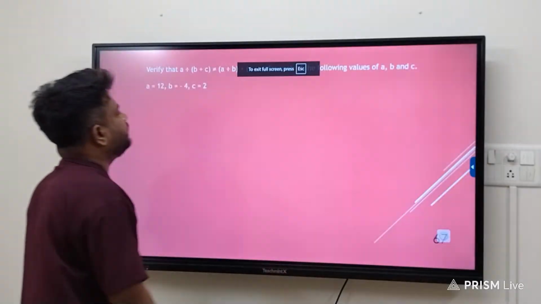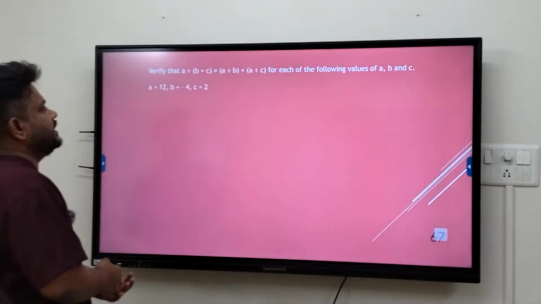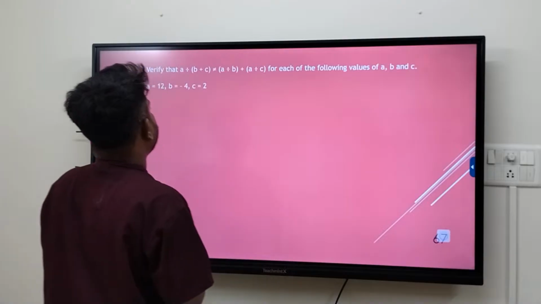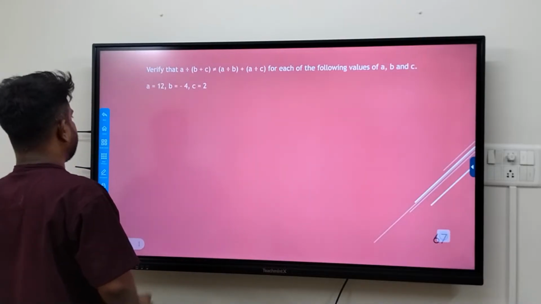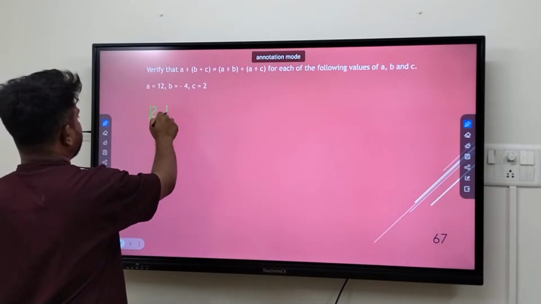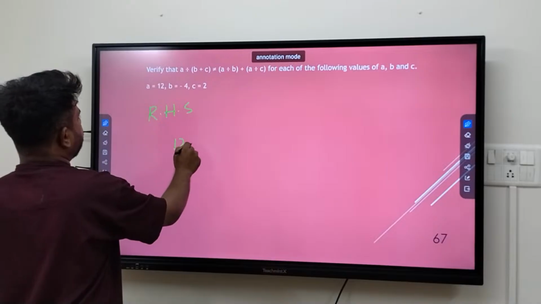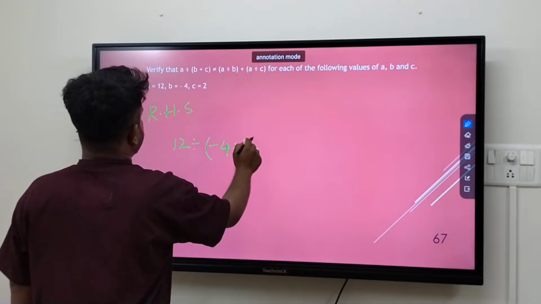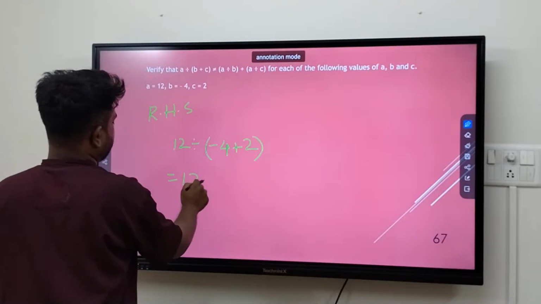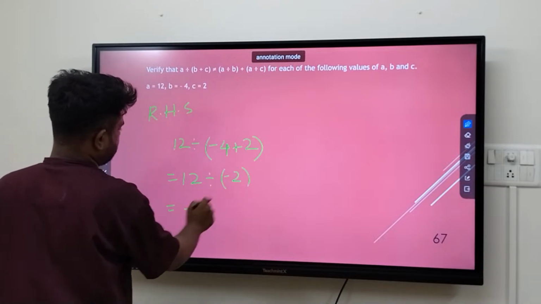This is another verification kind of sum: verify that a divided by b plus c is not equal to a divided by b plus a divided by c. If we solve this sum with the left-hand and right-hand method, then 12 divided by minus 4 plus 2, so 12 divided by minus 2, and the answer will be minus 6.